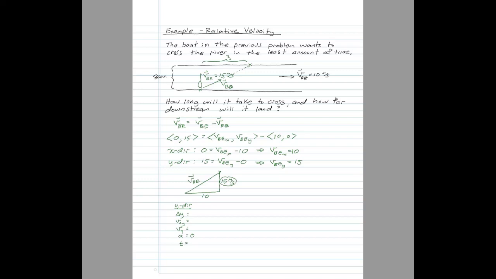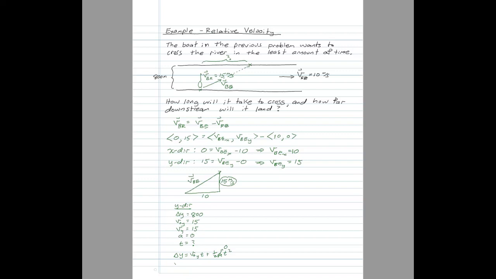And that constant velocity is 15. So it's 15 both places there. And then getting across is 800. And we're trying to find the time. So the kinematic equation to use here would be delta y equals v naught y t plus 1/2 a t squared, where the acceleration is 0. So it simplifies to just delta y equals velocity times time.